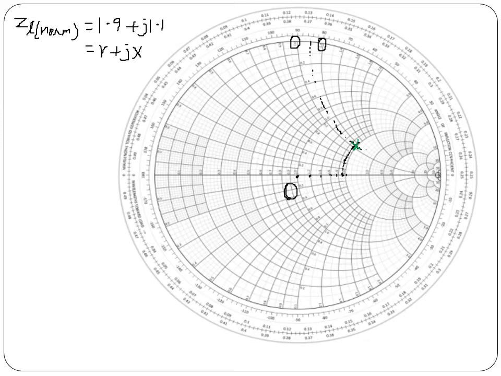Name it as A, and this is normalized ZL, 1.9 plus j1.1. Now draw the OA radius. With OA radius, draw the VSWR circle. So now we have marked the ZL on the Smith chart and drawn the VSWR circle.